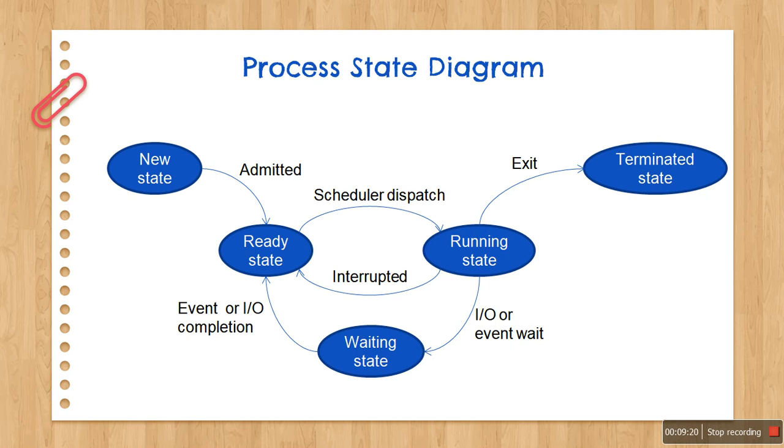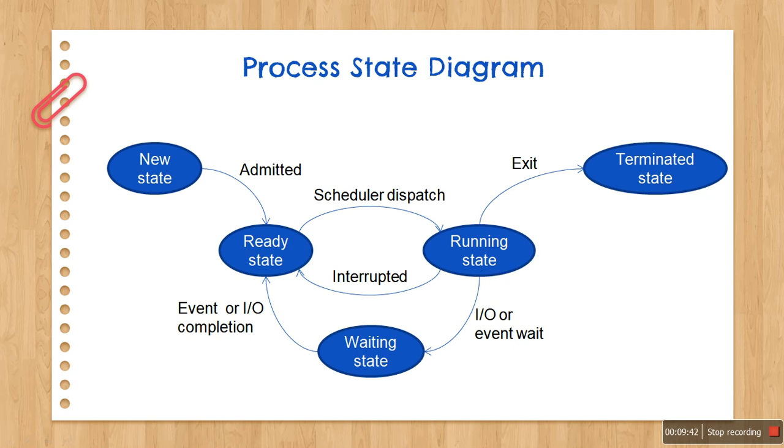Otherwise, when it is in the running state, that is the process is currently being executed, the OS allocates all the hardware and software resources to the process for execution. While running, suppose it is supposed to do some input output activity, or there is some event occurring, like some interaction between the process and the user where it needs a response from the user.